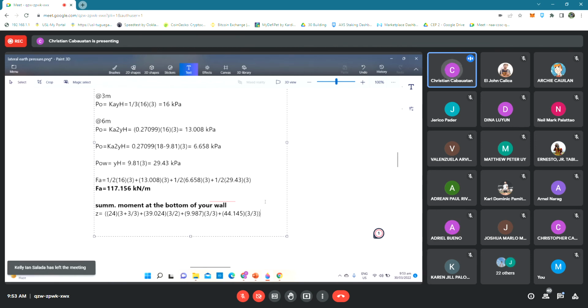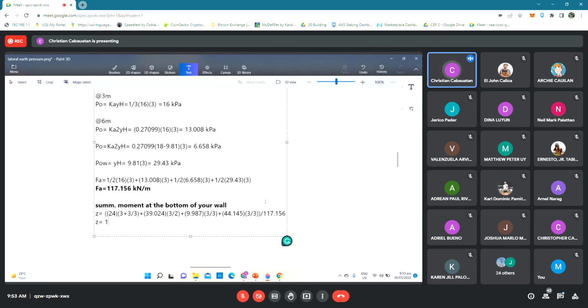Okay? Therefore, sum mo lahat yan, i-add mo lahat, and then divided by the total force, yung FA, which is 117.156. Okay? Therefore, your value of your Z, or the location of your resultant, anong value niya?